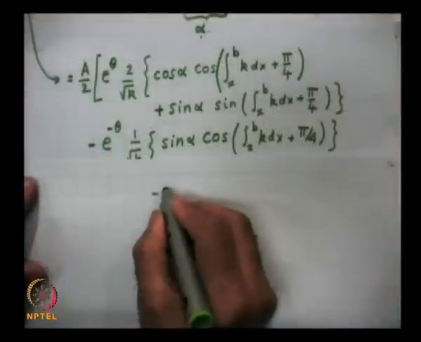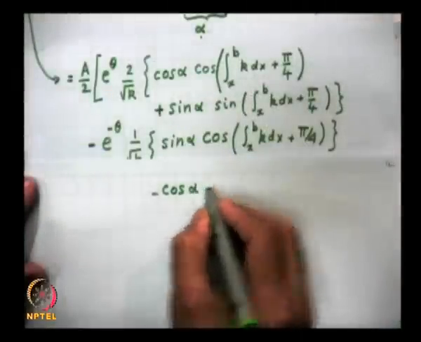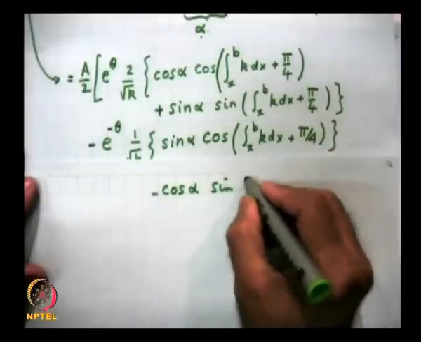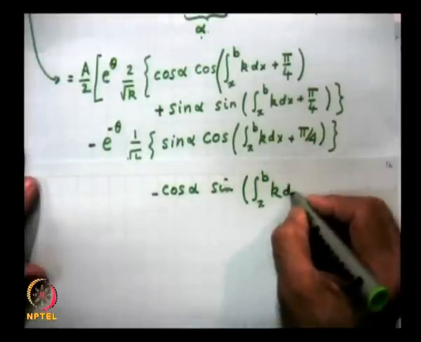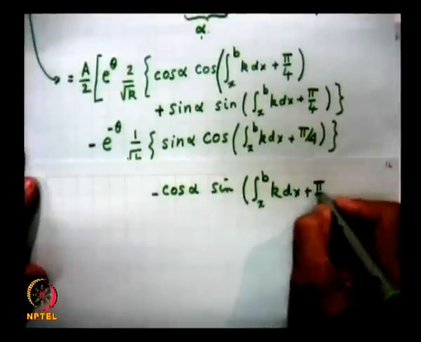I hope all of you understand this. Minus cos alpha sine of x to b k dx plus pi by 4.